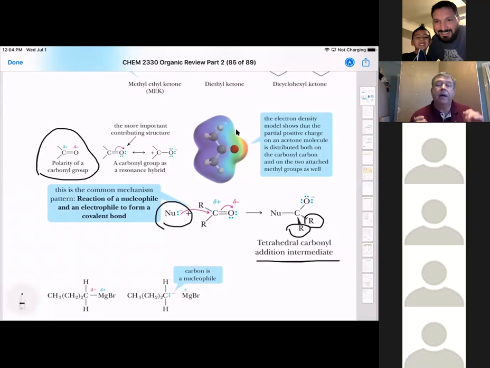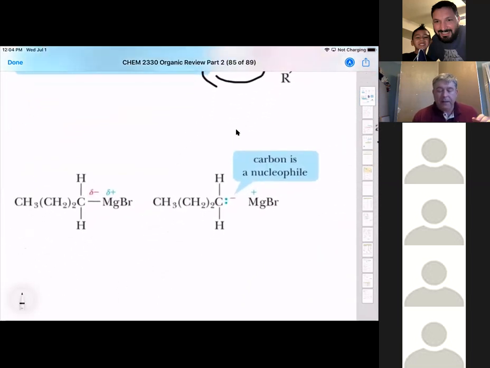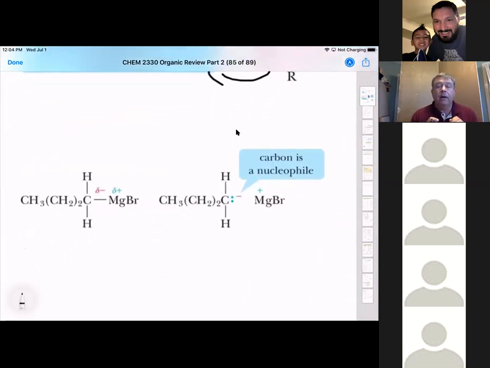We also learned about a new nucleophile, and that's the Grignard reaction right here. That's where we've created a partially negative charge on carbon, which, when we think of it as polarized, has a lone pair right here on the carbon, and it's our nucleophile that we can use in that attack. We use this to attack aldehydes to make secondary alcohols.